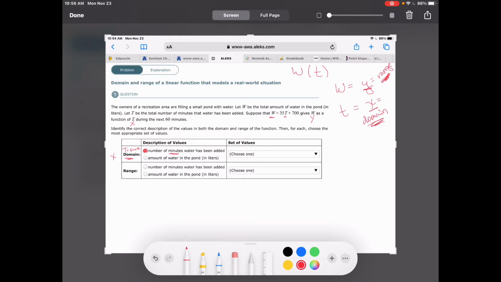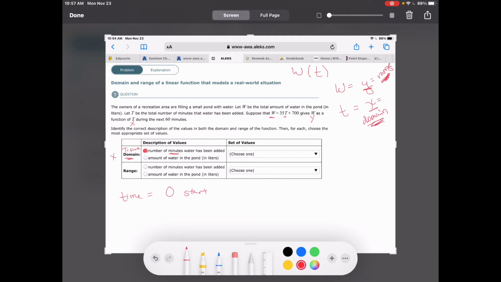I'm in a screenshot, so I can't select the drop down, but here's how we know what happened. If you're just thinking about this situation, it says they're filling a small pond with water. So there's got to be a start of time, right? So time could definitely maybe start at 0, and then it's going to take a certain amount of time to fill it up.